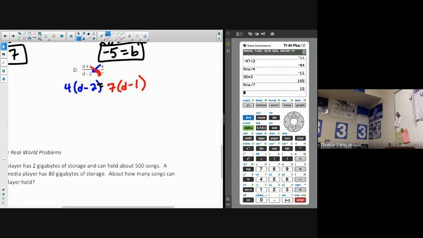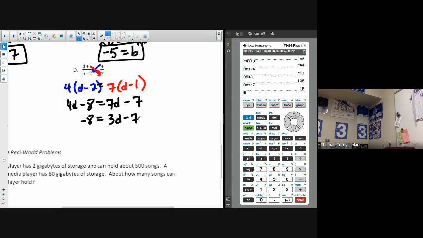We'll go ahead and distribute. On the left side, we get 4D minus 8. On the right side, we get 7D minus 7. All right, so I would go ahead and subtract 4D from both sides. That's going to give me 0 minus 8 is negative 8. On the left side, 7D minus 4D is 3D.